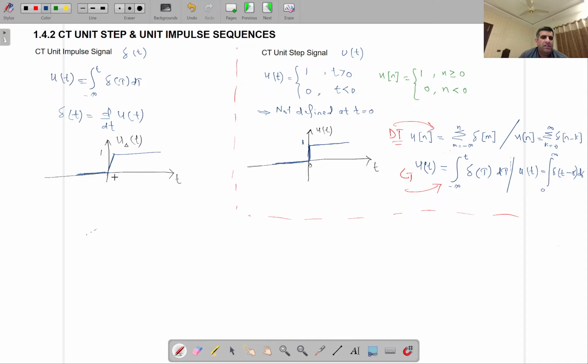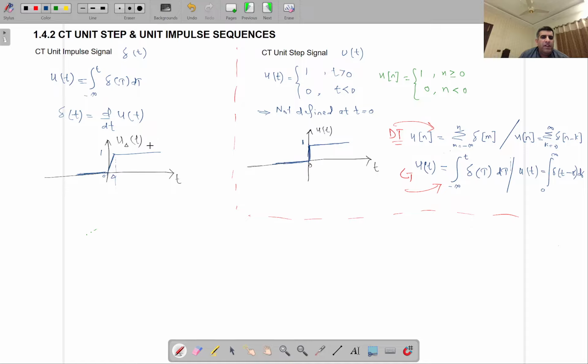For t less than 0, the signal has 0 value, but then there is some slope like this, and then it has a value of 1. The time it takes to rise to the value 1, we are going to call delta. So this point is delta, this is 0, and then it attains a value of 1.